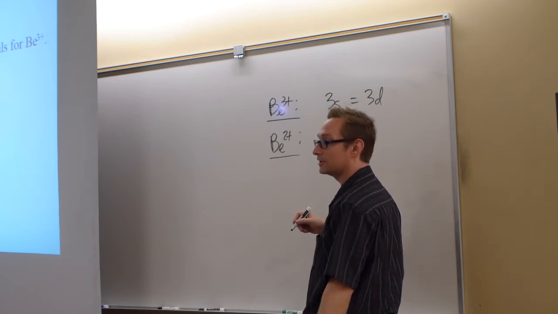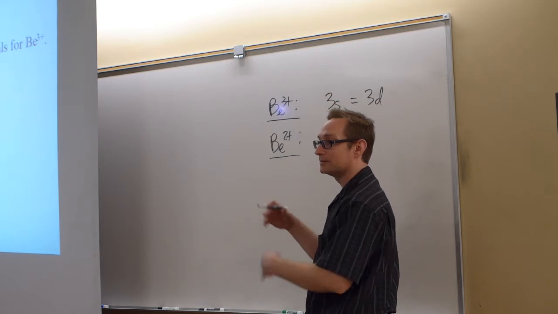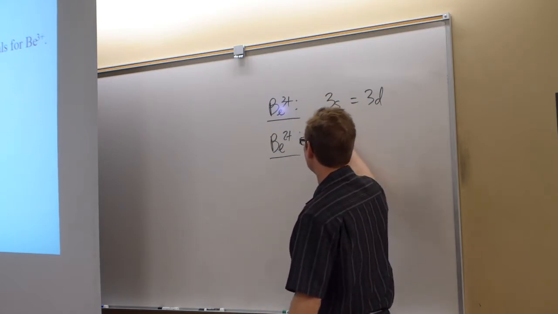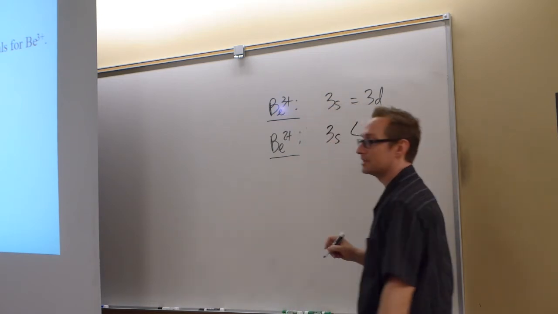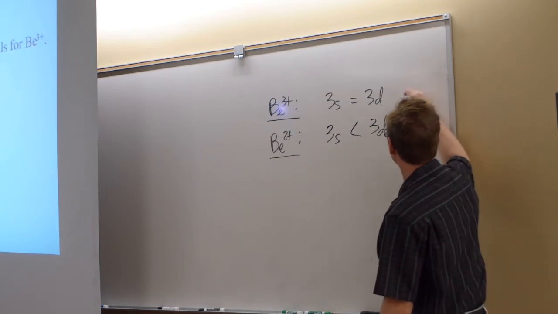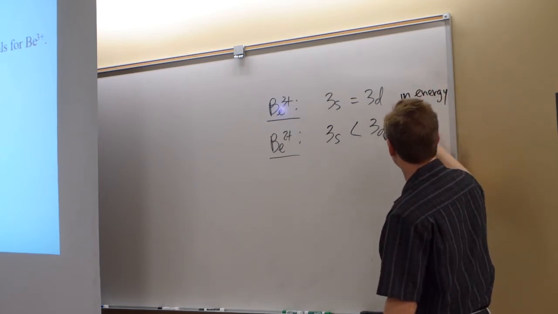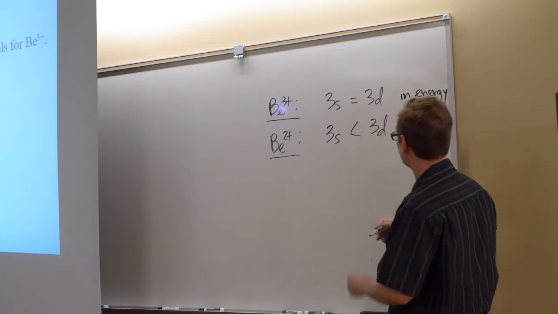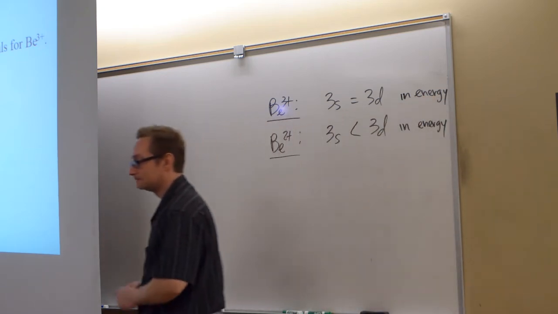Now we have more than one electron. Now we use the more complicated split levels of how the periodic table normally tells us. So now we can say the 3s is lower in energy than the 3d. Make sense?